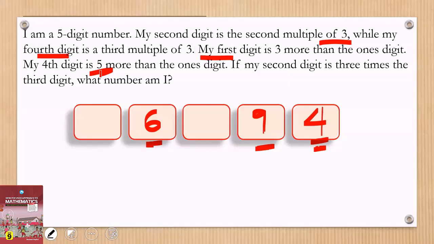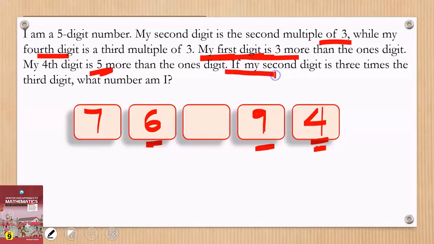Then we continue. Okay, now the question said my first digit is 3 more than the 1st digit. Now I know my 1st digit to be 4. That means my first digit is going to be 7, because it's 3 more than the 4. So which is 3 plus 4, 7. Good, I'm almost done.